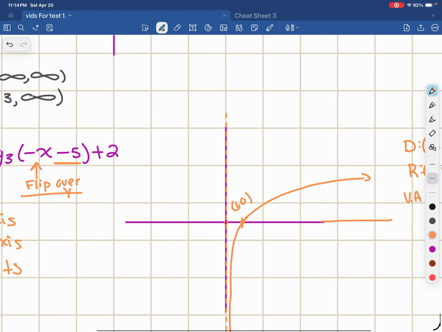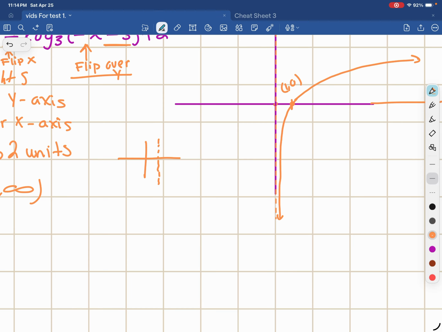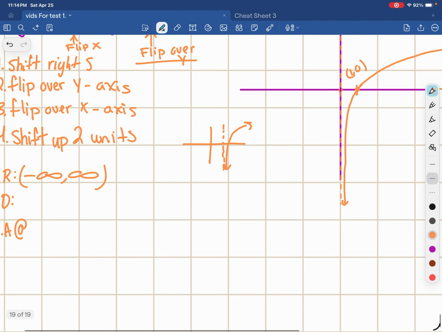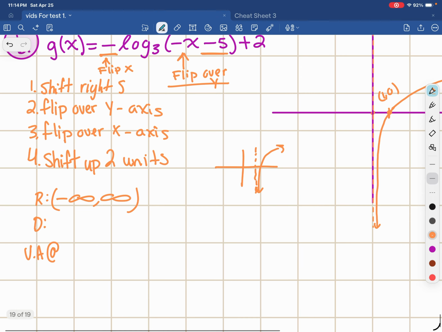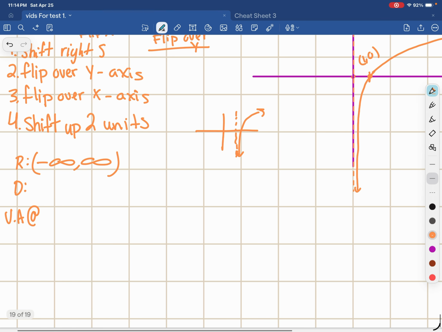And we shift right 5 units, right? So our asymptote will now be over here at 5, and our exponential graph will be like that. Pretty simple, but now we have to flip over the y-axis. If we do that, our new graph will actually look like this. Our vertical asymptote will swap to the other side, and our function will go like this.